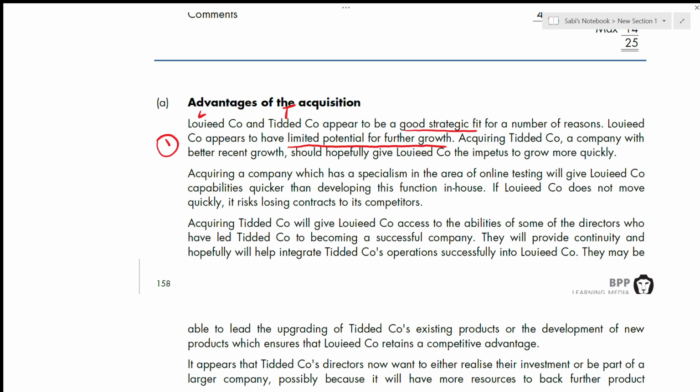Now let's go to the second paragraph. Acquiring a company which has a specialism in the area of online testing. Who is the leader in online testing? TDET company. The target company is the leader in online testing. So it is specialized in the area of online testing. This will give L company capabilities quicker than developing this function in-house.